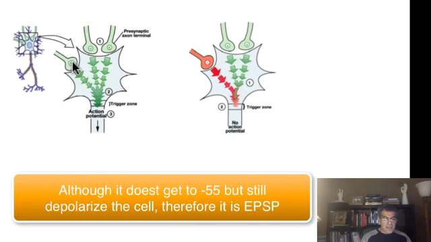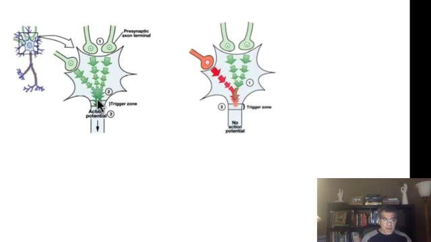Let's say this allows sodium to come in and minus 70 changes to minus 60, but it's not enough. Therefore, we need other neurons to come and help this one. These two are also going to bring more sodium in. As a result, these three together can get sodium to the trigger zone. Membrane potential at the trigger zone from minus 70 turns into minus 55. This is called summation.